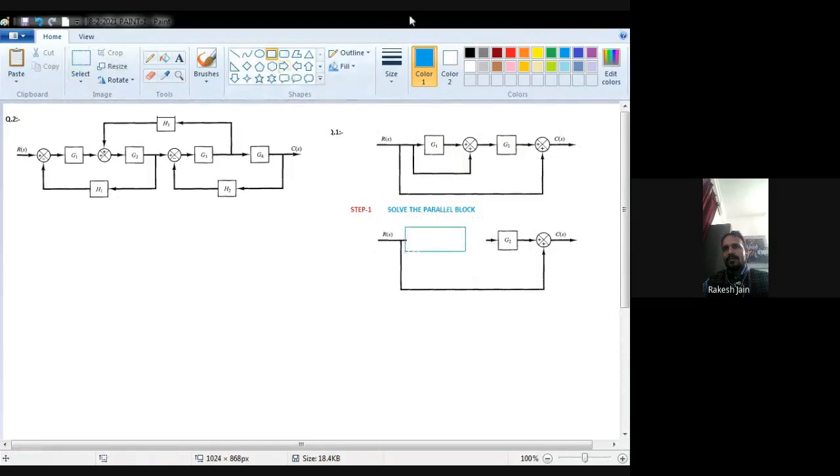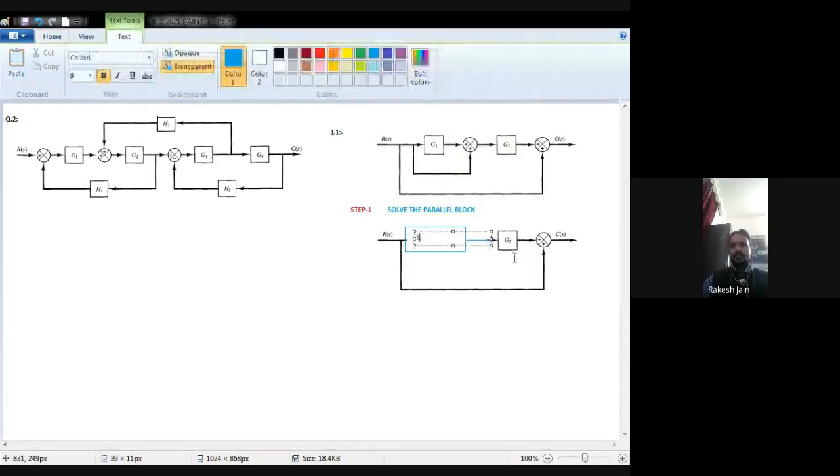Whenever blocks are in parallel, what is our rule? Our rule is just add the gain of those blocks. Here one block gain is G1 and the second block is a direct line. It means the gain is 1. So both go to the summing junction. That's why the overall gain is 1 plus G1.